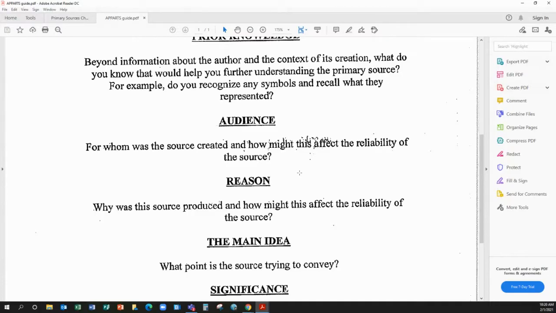Okay, and it definitely does affect the reliability of the source, or it affects the meaning because most English speaking reading people are going to be either United States citizens or British citizens, and they are going to, in some way, agree with imperialism, right?